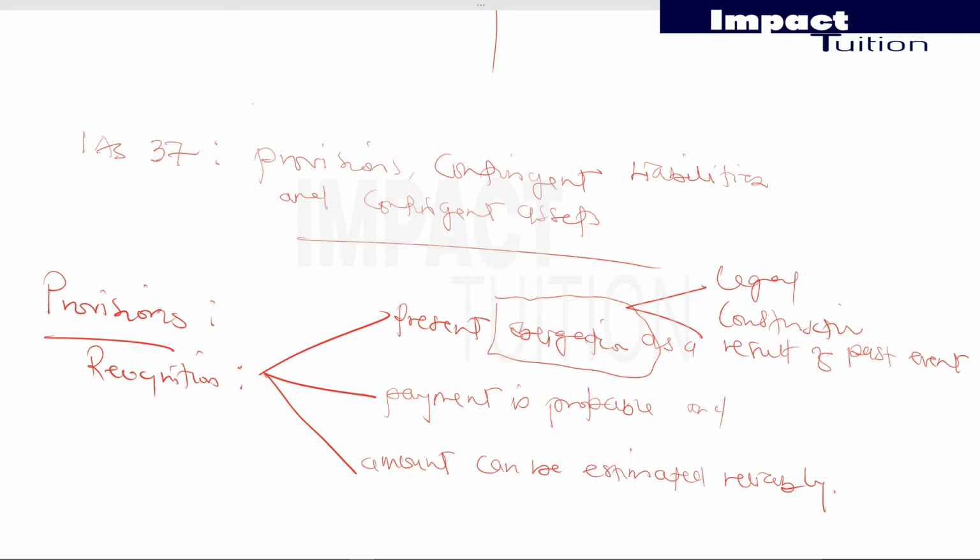And that has created an expectation in the minds of people that the company will by all means do something about it. That is the constructive obligation. It is not legal, but because of your past event and how you do your things, it has created that impression in the minds of people. You understand? That is the constructive obligation. So, yeah, that is that. Are we okay?